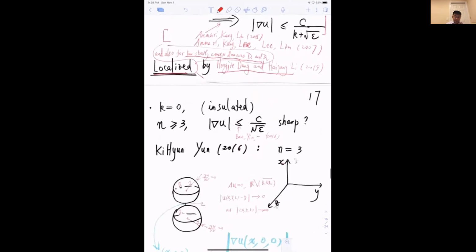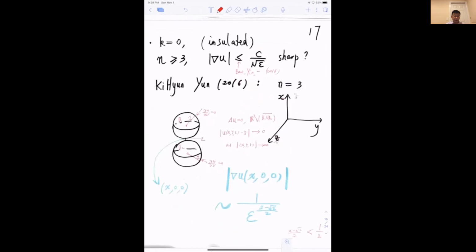So again, even for k equal to 0, for n greater than or equal to 3, it has not been known whether or not it's sharp. As mentioned earlier, it was proved with Bao and Yin that we have this rate. Well, the year for Yun was wrong.